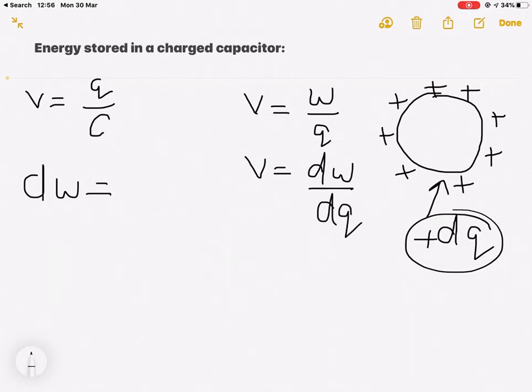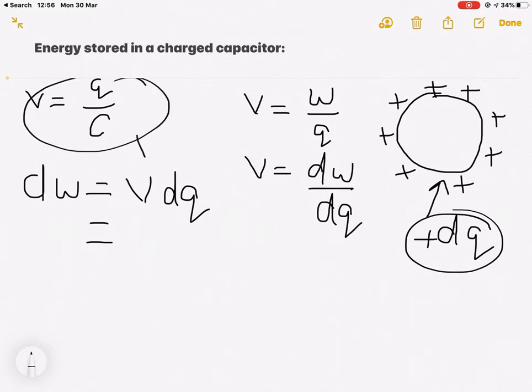So dW will be equal to V into dQ. V is equal to Q by C as in the above equation. Substituting that value, we will get Q by C into dQ. So that is equal to work done.